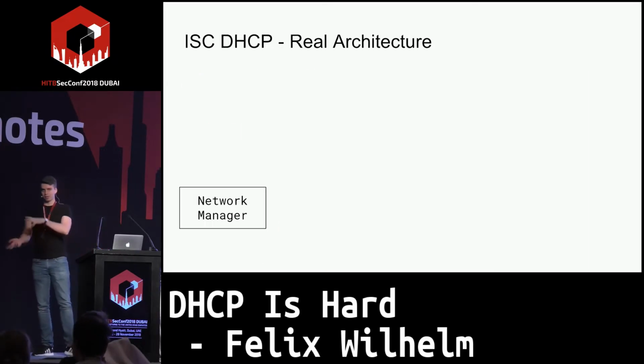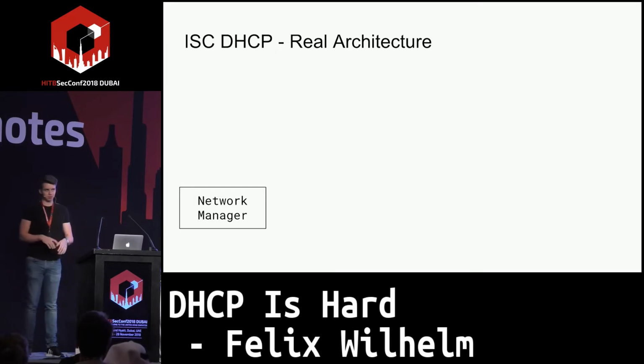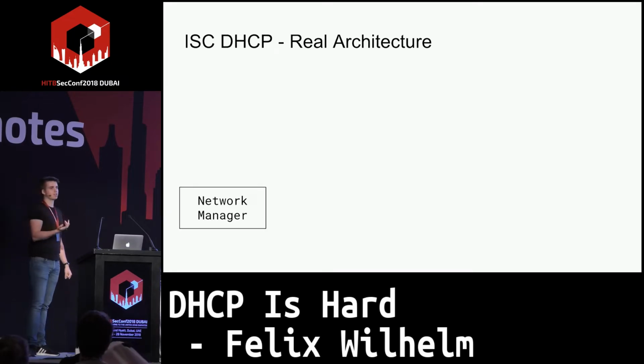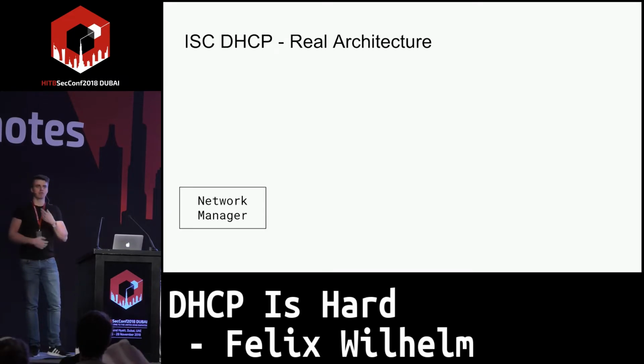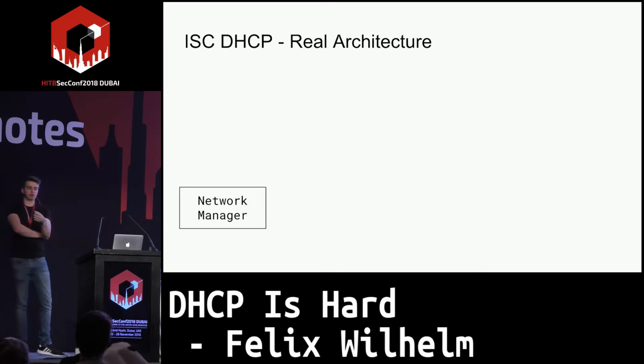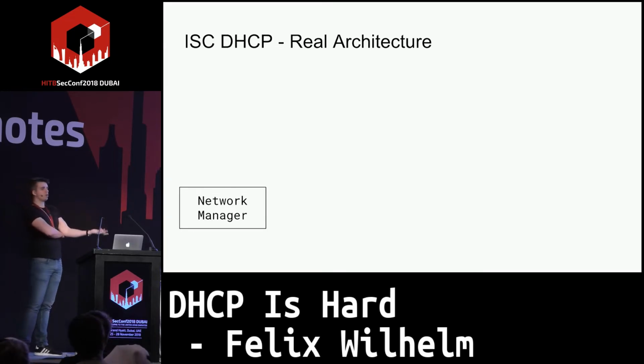The last slide with the simplified architecture was basically not true anymore. On a modern system, the architecture looks like the following. You have NetworkManager. And NetworkManager, when it sees a new network connection coming up, will spawn a dhclient.